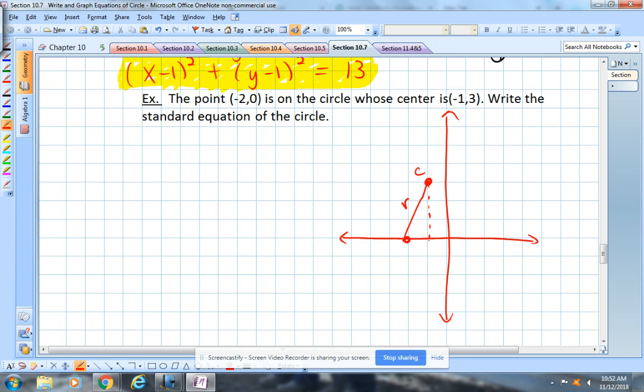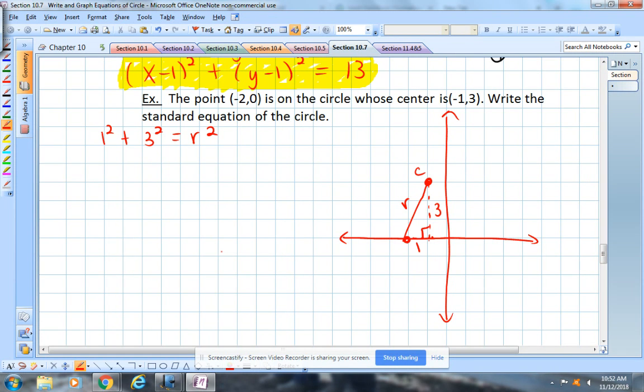So you make your right triangle with the r as the hypotenuse. What's my horizontal unit? Okay, but what is the length of that horizontal line? 1. What's my length of my vertical leg? 3. So to find the length of r, we're going to say 1 squared plus 3 squared equals r squared.